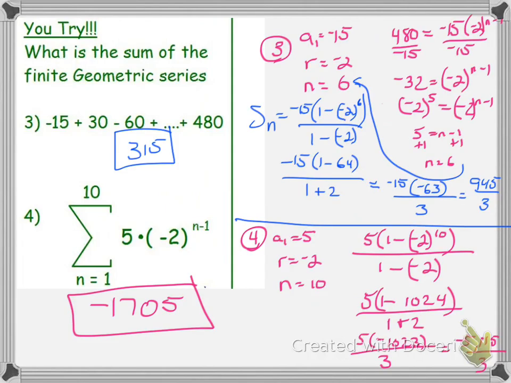Okay, here are the answers. For 3, it was 315. For 4, negative 1705. Now, the big thing with this, notice how when I'm plugging in the R, you use the negative, and then you have to raise that to the exponent first, then apply this minus sign.